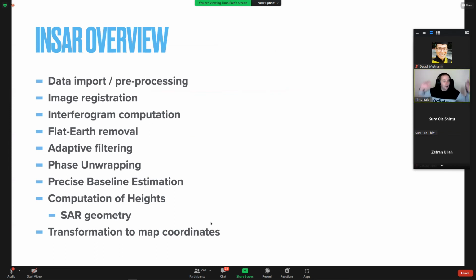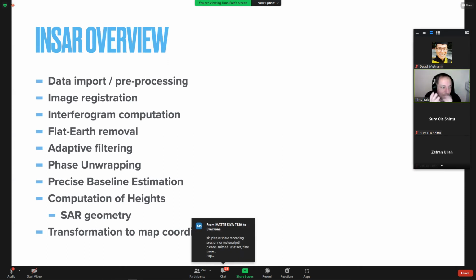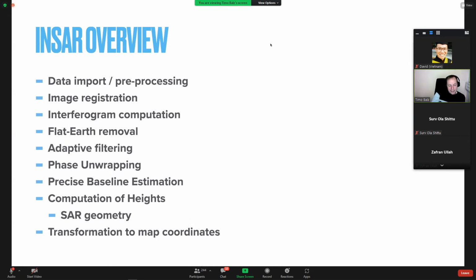All right, let's take a look at how we are doing it, how we are processing that, step by step, the steps that you will go through in whatever software you will use. Very first, very simply, is the data import. You start with importing the data, maybe some pre-processing. Then an important second step is the image registration.